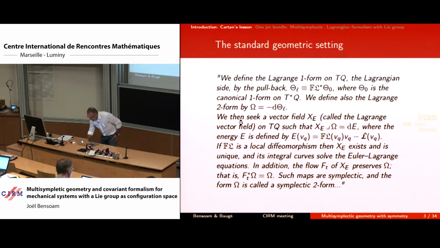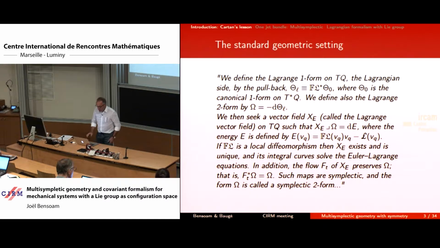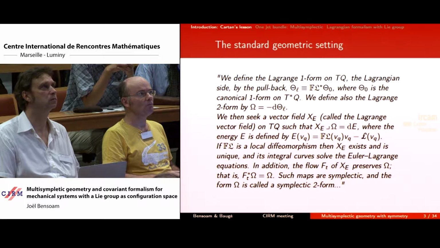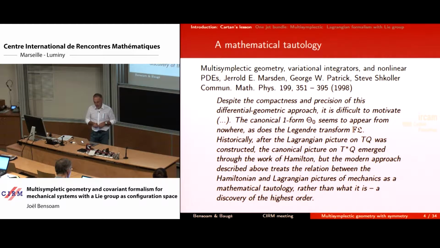If you are not a mathematician and you try to go into geometric mechanics, you have to face this sort of description, and for people who are not mathematicians, this description is really hard to understand. For you it's something really evident, but even Marsden, at the end of the last century, described the fact that some canonical one-form came from the Hamiltonian part of the system.